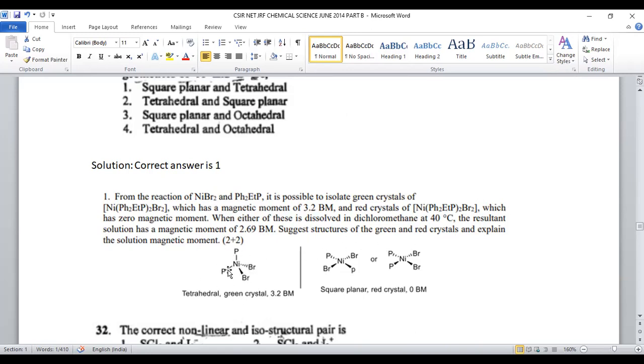Green color is because of tetrahedral geometry, because here nickel participates in sp3 hybridization, and its magnetic moment will be 3.2 Bohr magnetons. It is very clear that whenever it has this kind of tetrahedral geometry, it is always considered a high spin complex. In high spin complexes, the electron spins will not be paired, so that magnetic moment will be imparted.